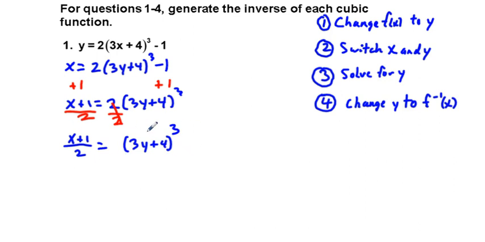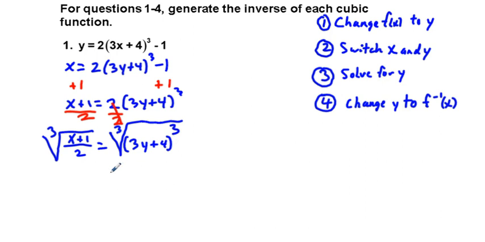Now just kind of peeling the layers away until we get y by itself, we're going to do what is opposite of this cubed thing here, and that is going to be to take the cube root of that. So I'm going to make a little radical sign over here, put a 3, and then consequently on the left side of the equation, same thing.